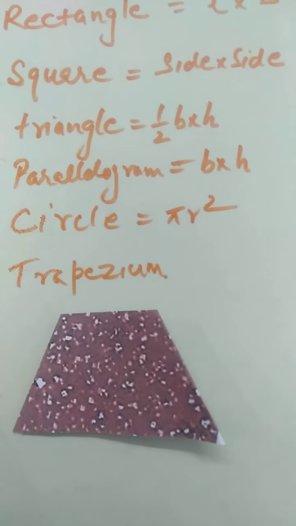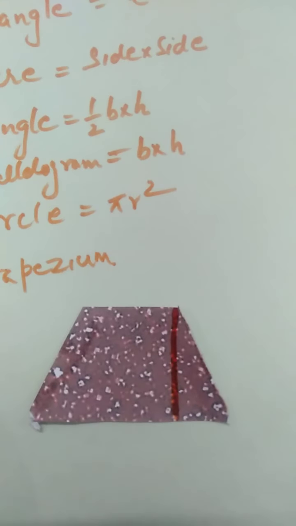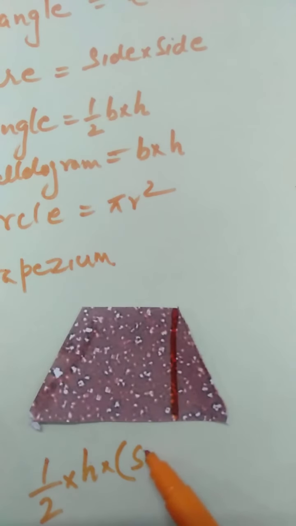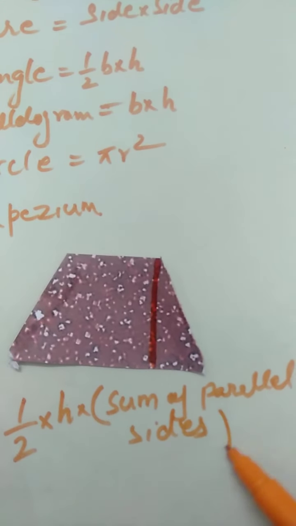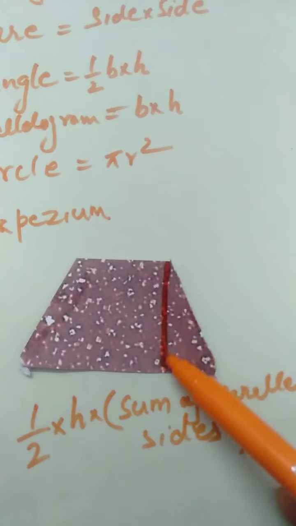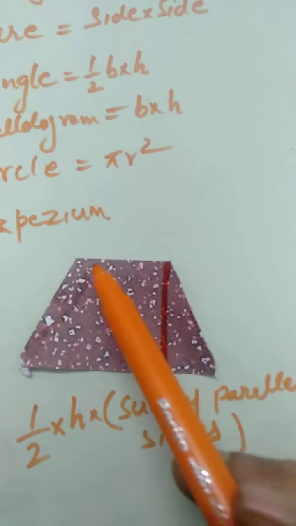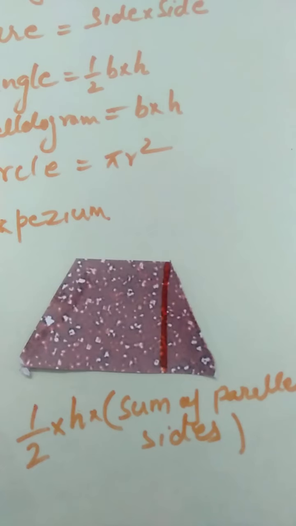For this, the area is given by the formula: half into height into sum of the parallel sides. You can see this is the height and these two are the parallel sides.